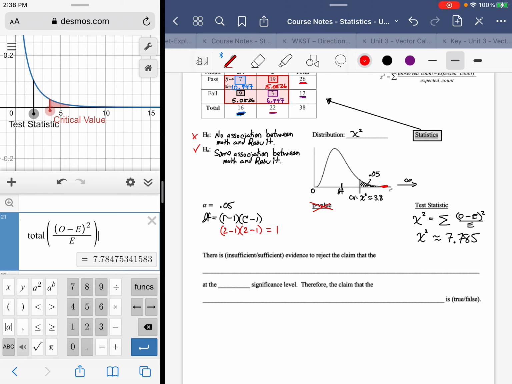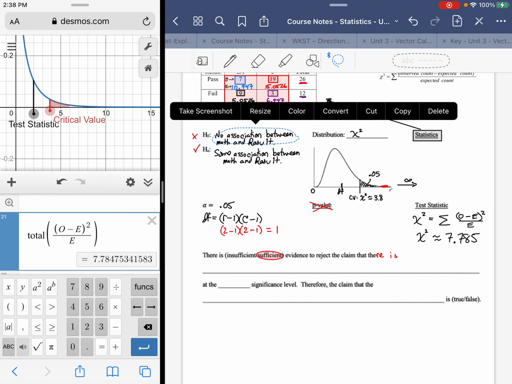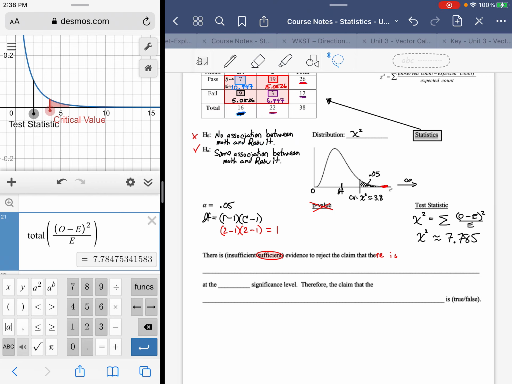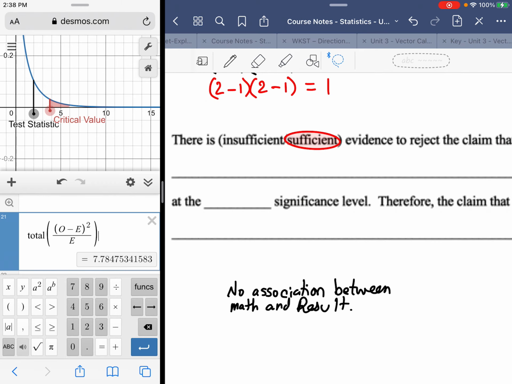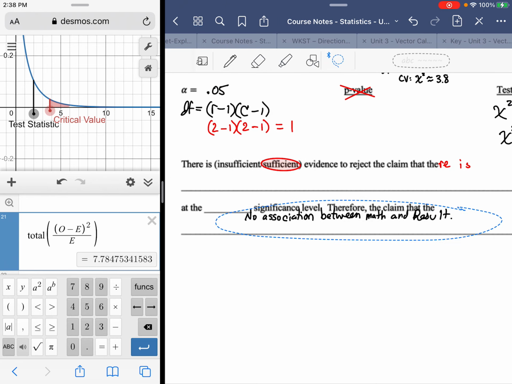So there is sufficient evidence to reject the claim that there is no association between math, we don't really have context here, so math what, and result, pass or fail. Maybe we're talking about a math course.